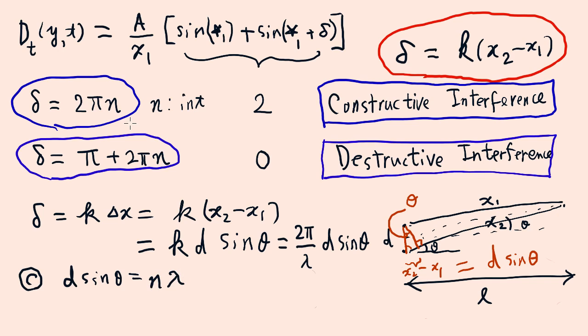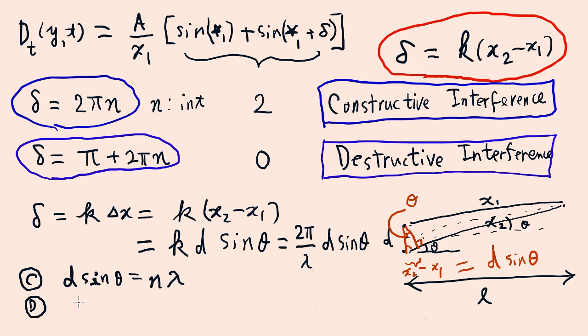Why? Because 2 pi cancels out and lambda can go to the other side and multiply that integer n. And so in that view, if the path length difference is an integer times lambda, then we have constructive interference. That's easy to understand.